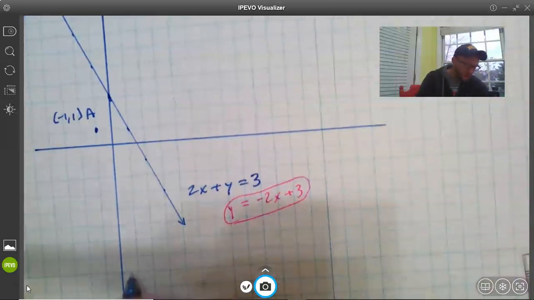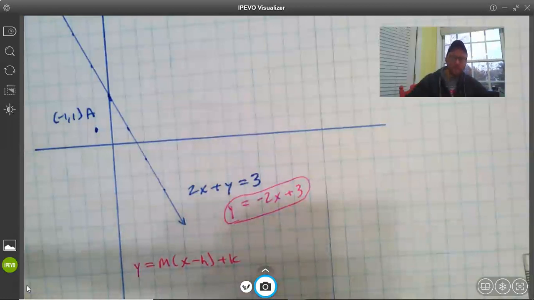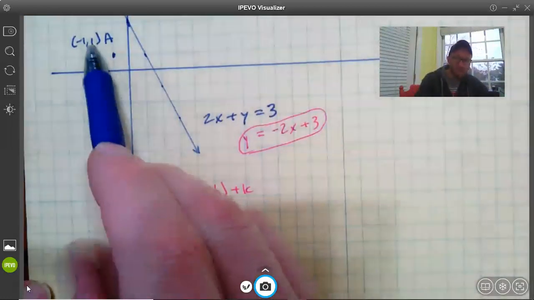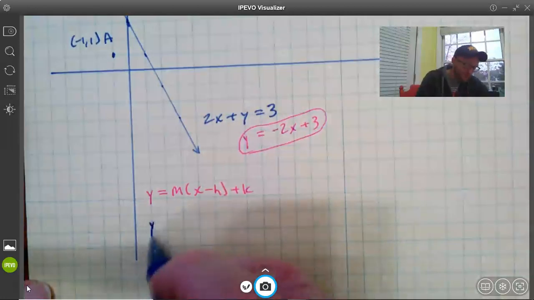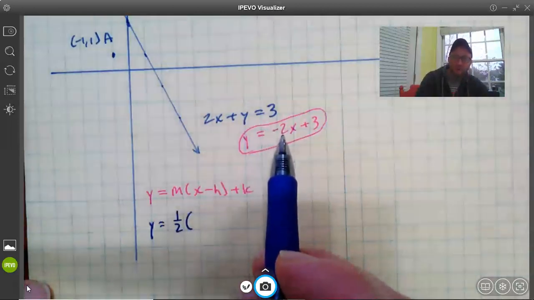So we've got our equation. We've got y equals m(x minus h) plus k, where m is the slope and (h, k) is a point that the line goes through. In fact, there's the point right there. So y equals, our slope is going to be, remember, positive 1/2, because that's the negative reciprocal of negative 2.